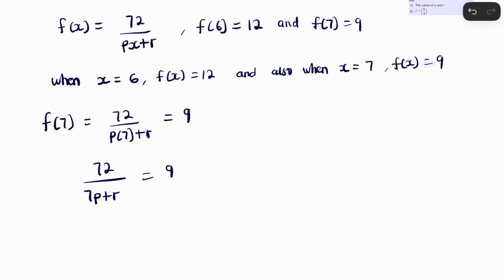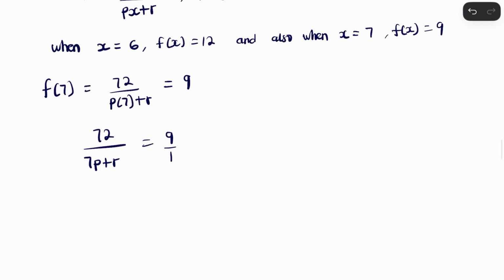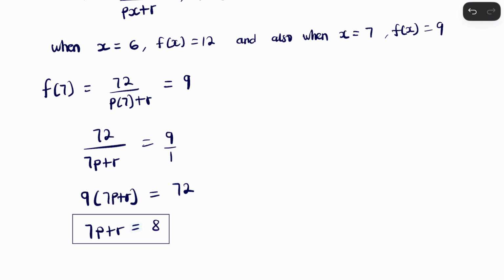Every whole number is divided by 1, so then you cross multiply. That's going to give you 9 multiplying 7p plus r is equal to 72. So when you divide through by 9, you're going to have 7p plus r is equal to 8. So we have our second equation.